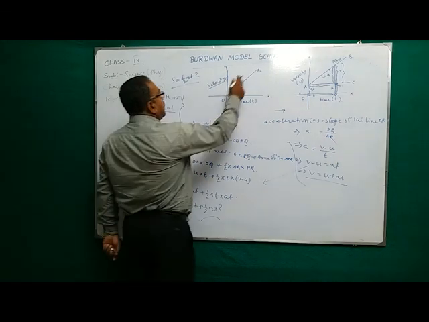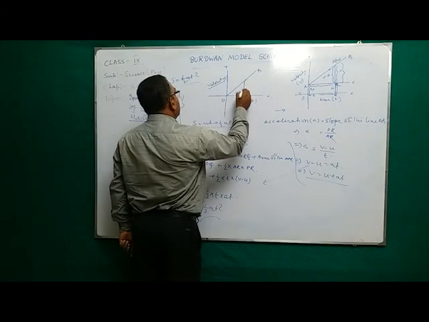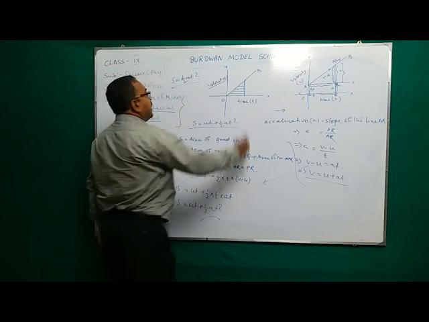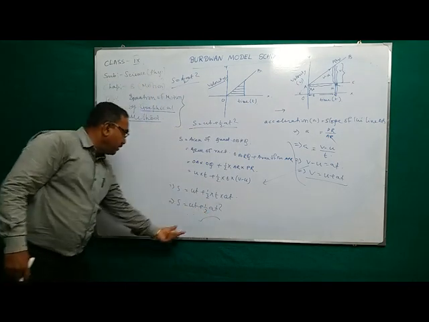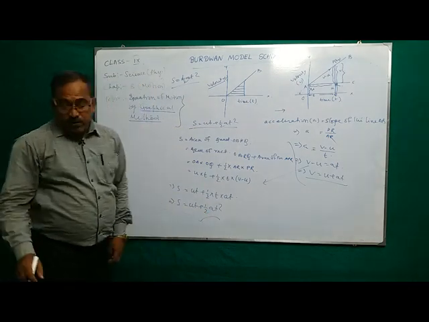So that time you draw this line and take the area of this triangle. Area of this triangle means half, S equal to half AT square.